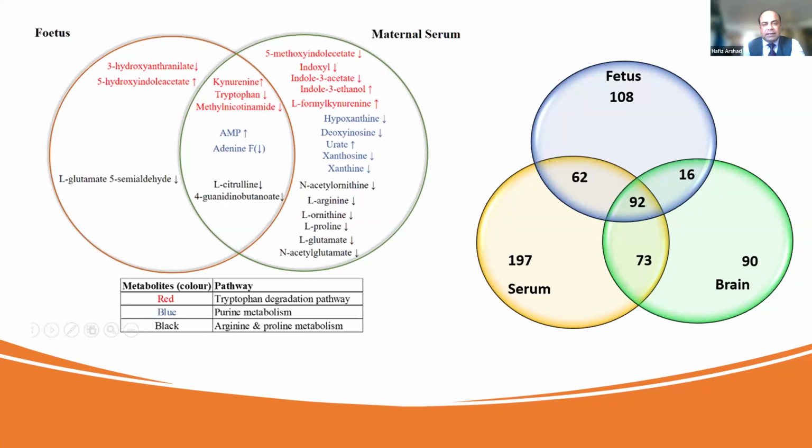After this, as we can see, this Venn diagram is between fetus, serum, and brain. This brain was selected because of the presence of the tryptophan degradation pathway. Because the tryptophan degradation pathway ultimately produces kynurenine, and disturbing the kynurenine level is linked with psychoneurological diseases.